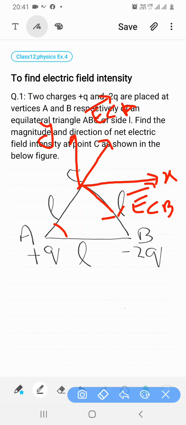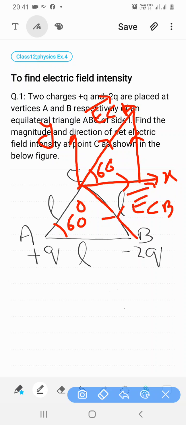Now, for the equilateral triangle, each angle will be 60 degree. So, I put here 60 degree. Now draw the horizontal component of vector ECA, that will be ECA cos 60 degree, and the vertical component of vector ECA, that will be ECA sin 60 degree.